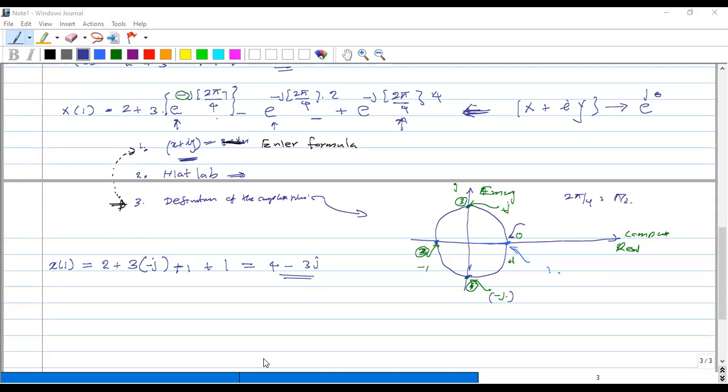So you have 2 pi, and you have to divide it by 4. If you see this, it is 0.00 minus 1i.